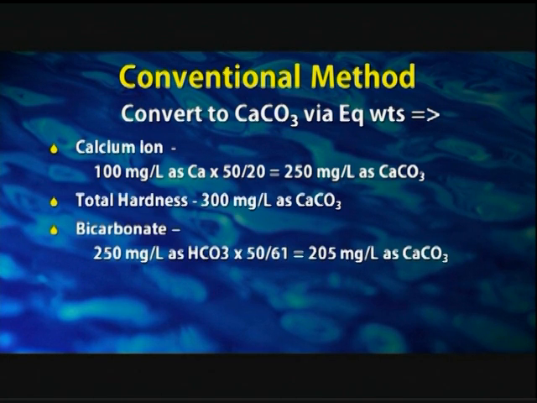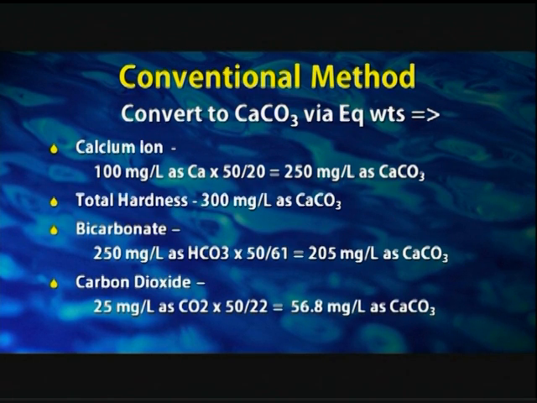The bicarbonate is 250 milligrams per liter times 50 divided by 61, the equivalent weights of CaCO3 and bicarbonate, to give you 205 milligrams per liter. Carbon dioxide is 25 milligrams per liter. The equivalent weights are 50 divided by 22, for a total of 56.8 milligrams per liter as CaCO3.